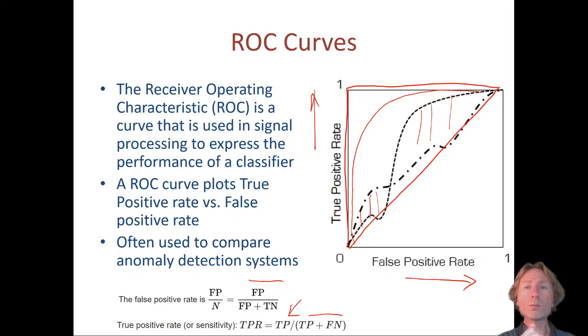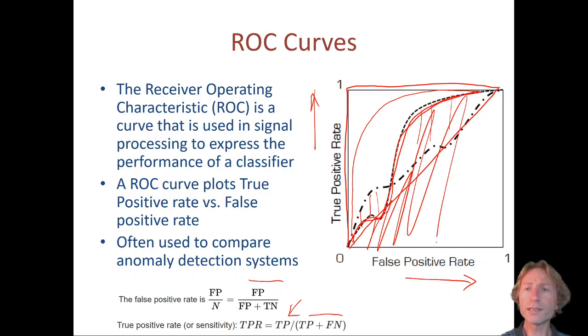In fact, what we typically talk about in these kind of curves is the so-called area under the curve. So for this IDS here, all of this is the area under the curve.